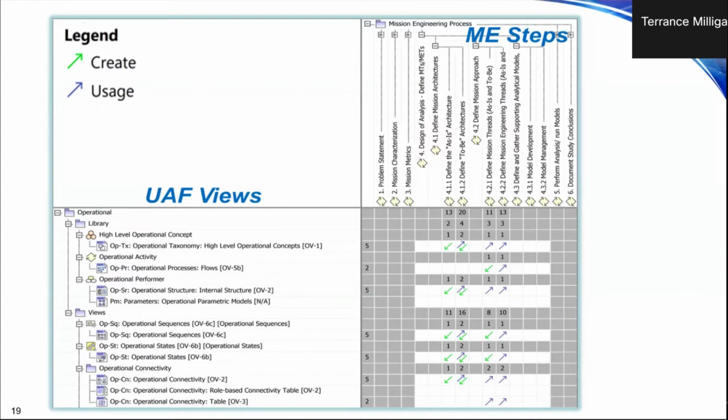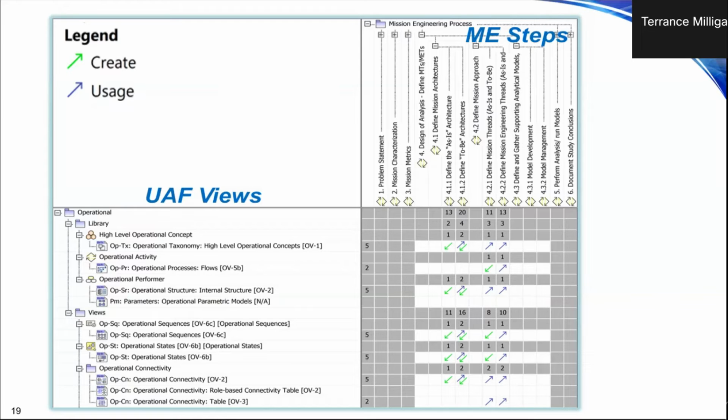So this is the model version of it. This is again just a portion, step 4. But here you're mapping not to the steps of the workflow, but to the actual individual UAF views. Notice there are 2 kinds of relationships, because the mission engineering step can create a UAF view, or it can use the view. So subsequent later steps in mission engineering can use the views that are created in earlier steps.